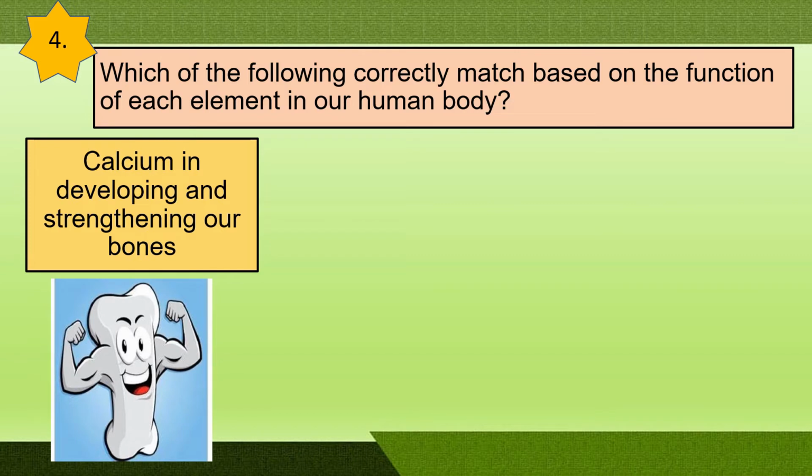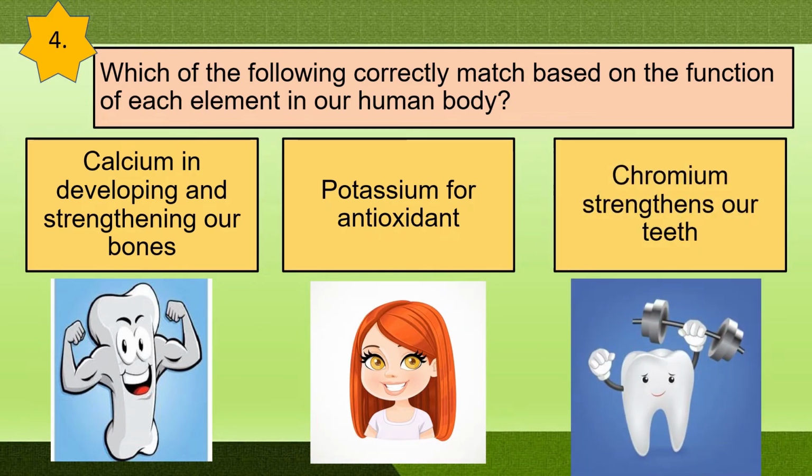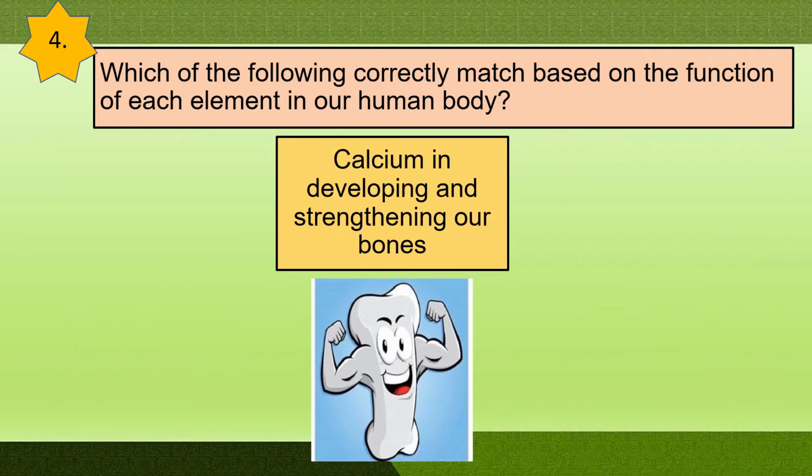First, calcium in developing and strengthening our bones, potassium for antioxidant, or chromium which strengthens our teeth? Okay, time is up. Among the following choices, the correct answer is calcium, which has a function to develop and strengthen our bones. If you got it right, congratulations! We could proceed now to the next stage of our discussion.